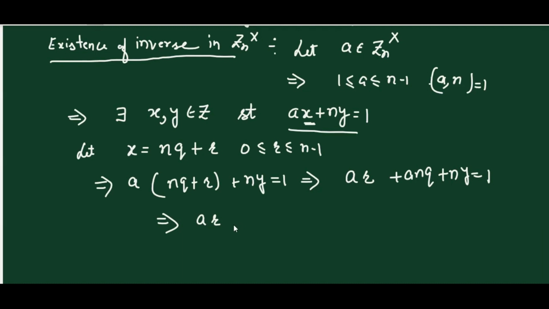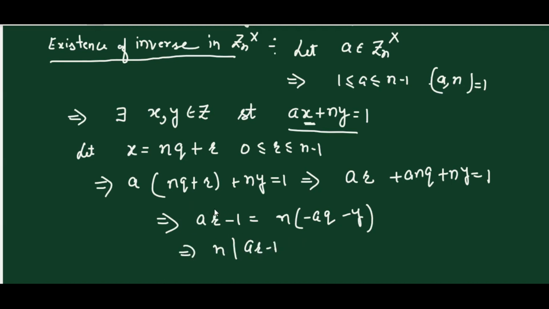This implies ar minus 1 is equal to, taking n common, minus n times (aq plus y). So it means n divides ar minus 1.